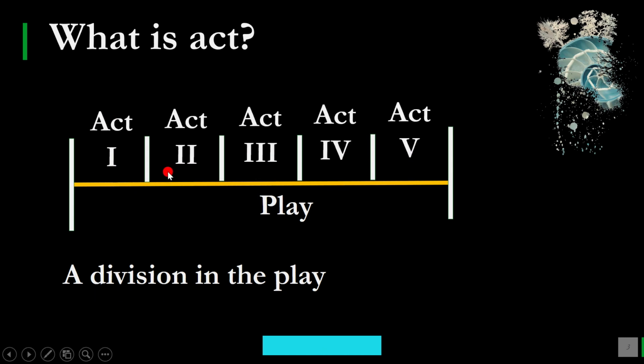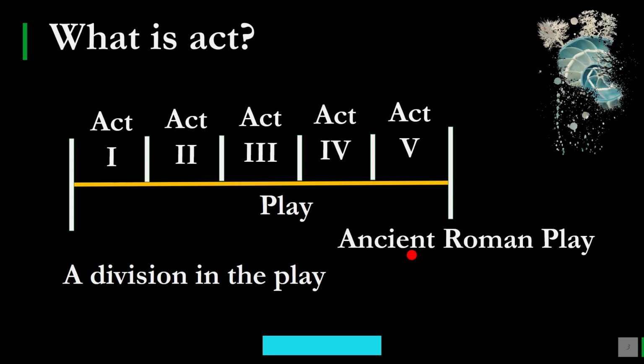Here you can see act first, act second, act third, act fourth, and act fifth. Generally this system of 5 acts is found in ancient Roman plays, and later this system or this structure of the play was borrowed by many dramatists in various parts of the world. For example, in England the same structure was followed in the Elizabethan period.